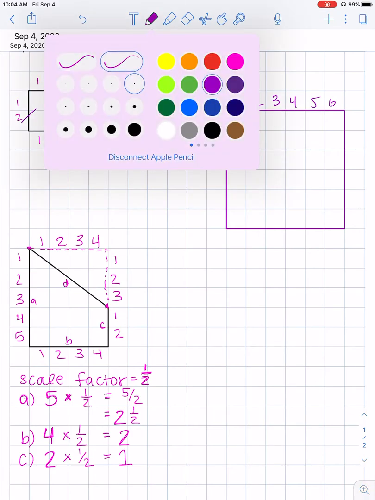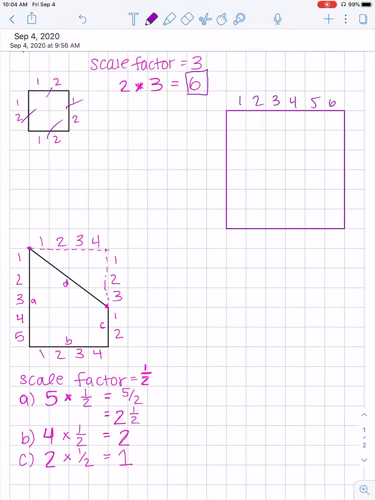So before I even get into the other part, I'm going to use our new unit measures, and we're going to create the first part of our new shape. So for side A, it's going to be 2 and 1/2.